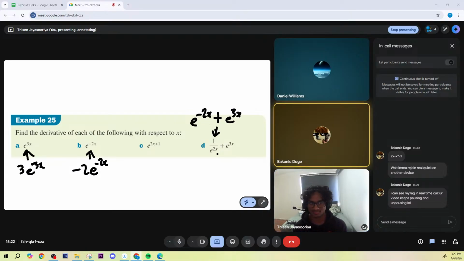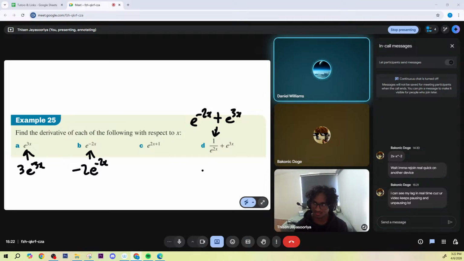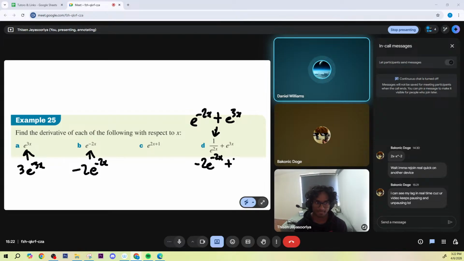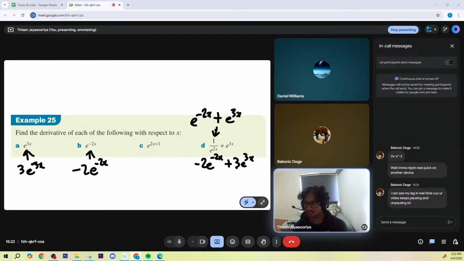And then when I differentiate it, I get minus 2e to the power of minus 2x, and plus 3e to the power of 3x. Does that one make sense for you, Joe?